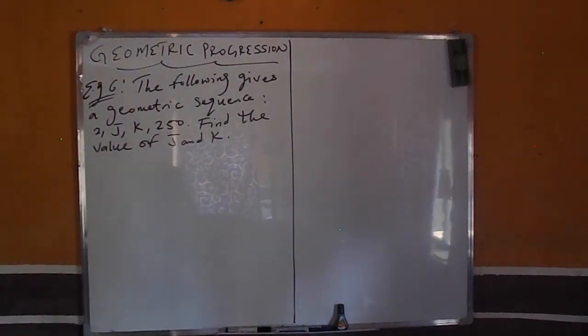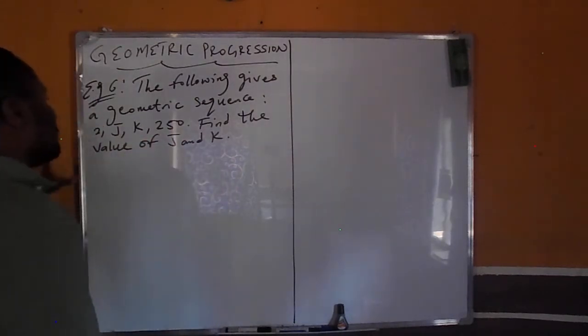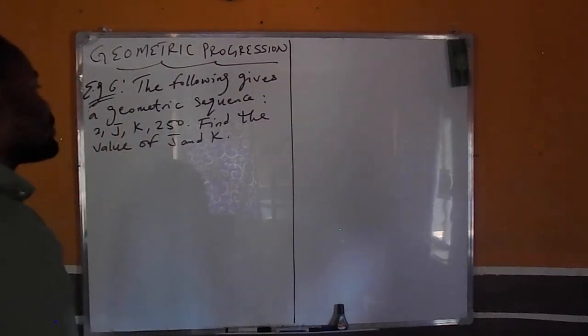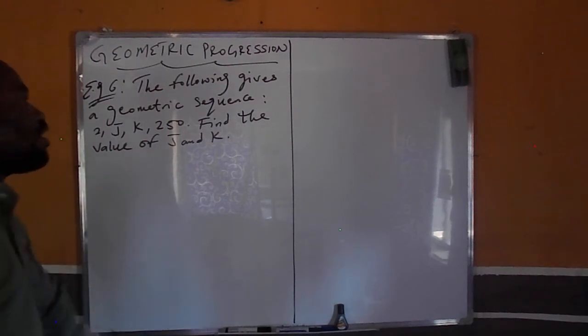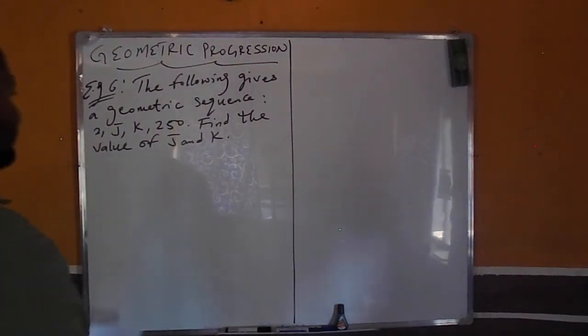The question says, the following gives a geometric sequence 2, j, k, and 250. Find the value of j and k.